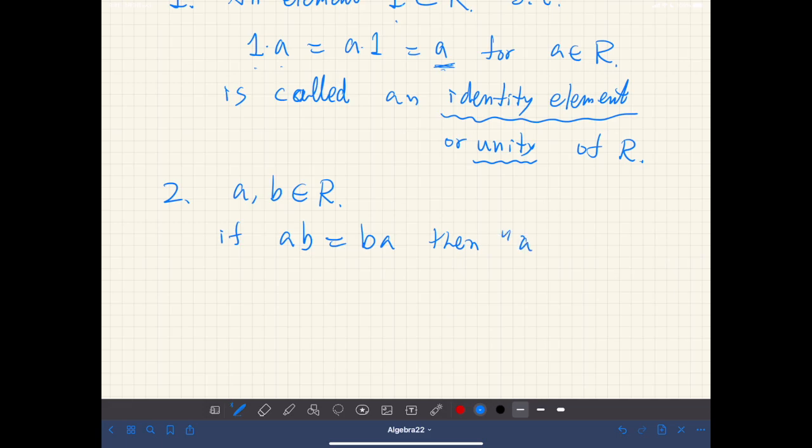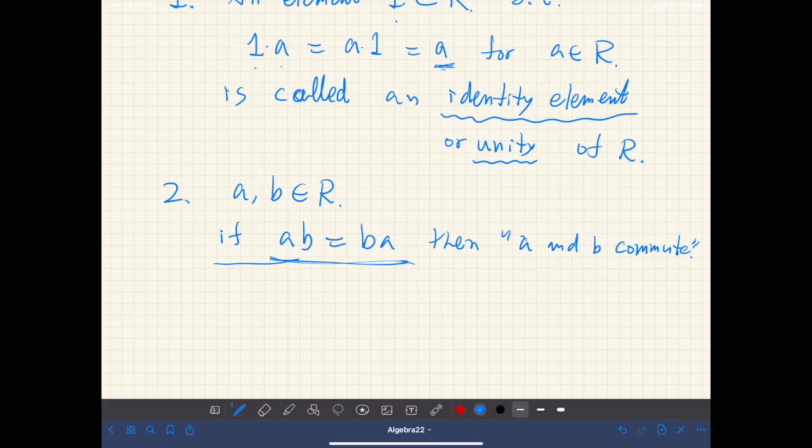And if this commutativity holds for all pairs of elements in R, then we say the ring is a commutative ring.